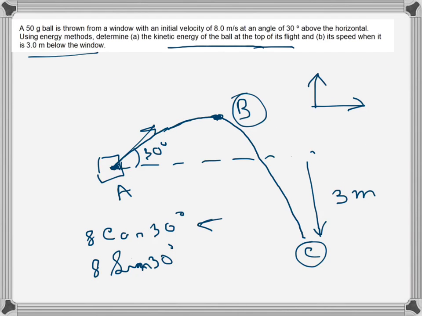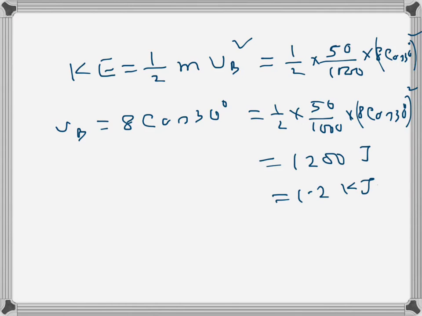Now the second part is what's the speed when it is at C. To find that, we notice that at position A it has a kinetic energy of half m vA squared, and vA is 8, the initial velocity.